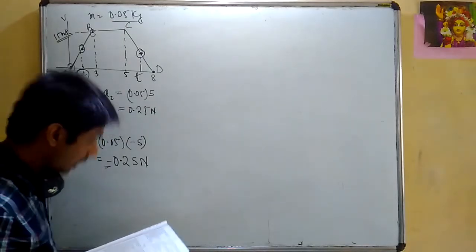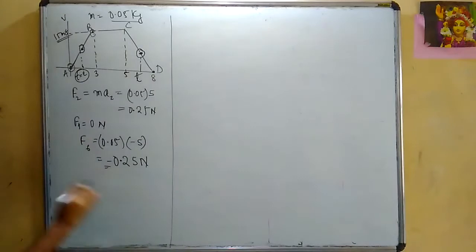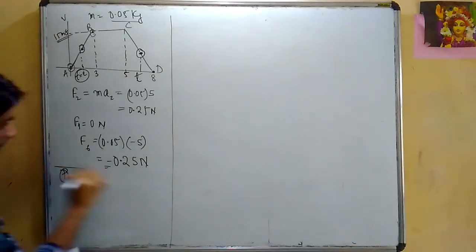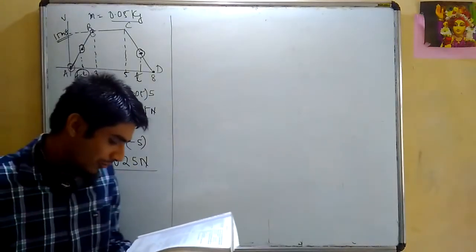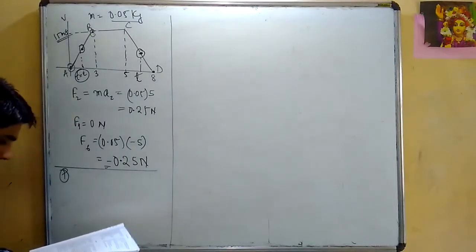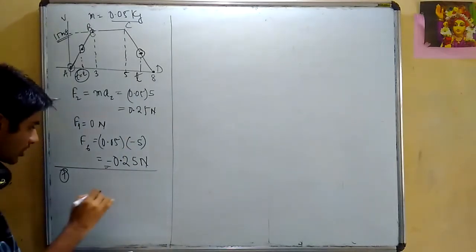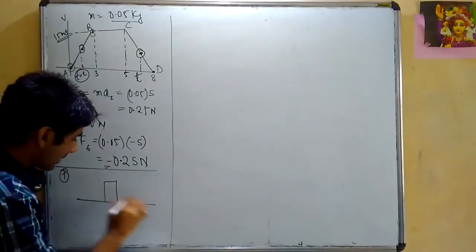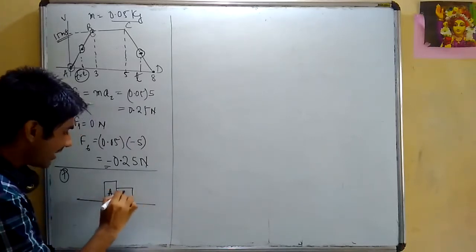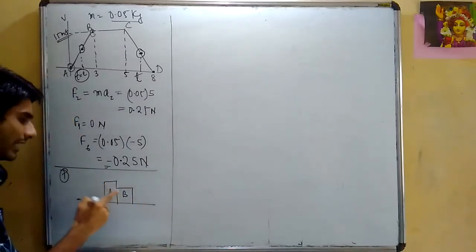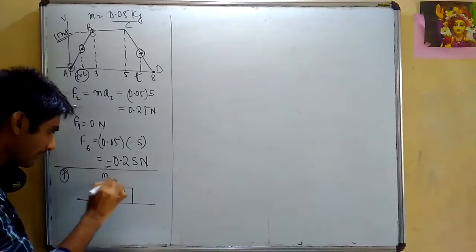Okay. Now let us come to question number 7. Question number 7 says, two blocks A and B of mass MA and MB respectively are kept in contact on a frictionless table. There is a frictionless table and I have A and B. Mass of A is MA and mass of B is MB.